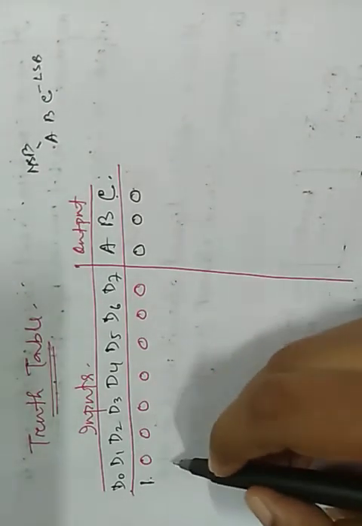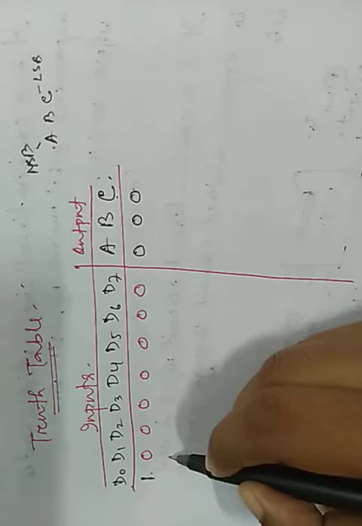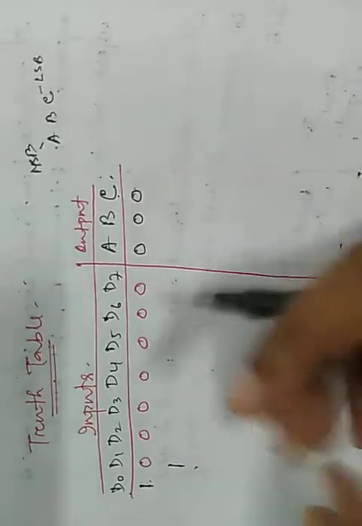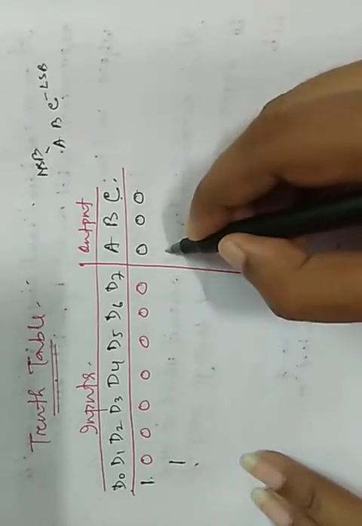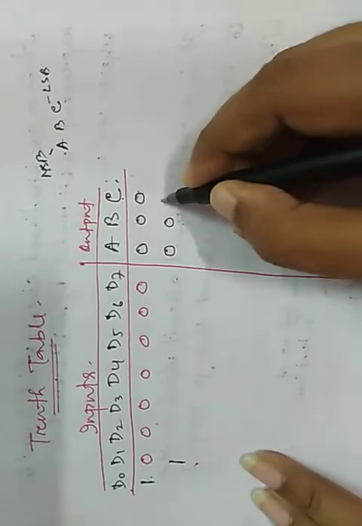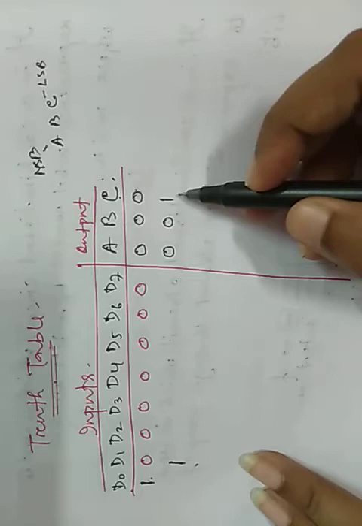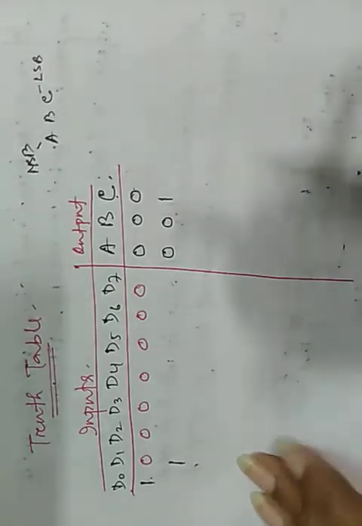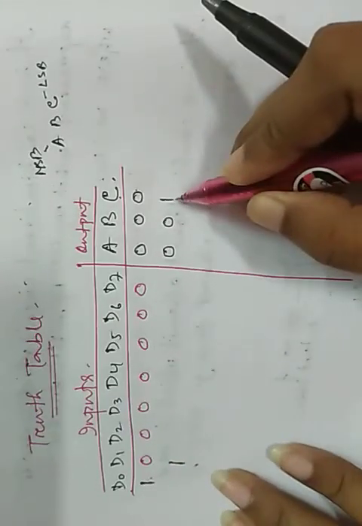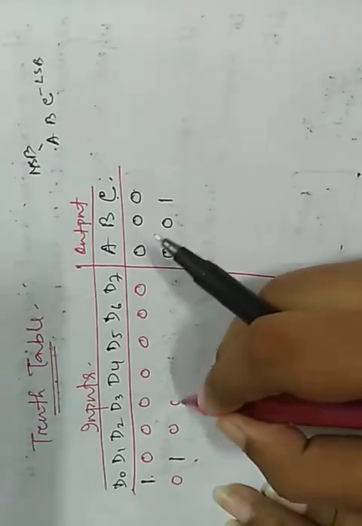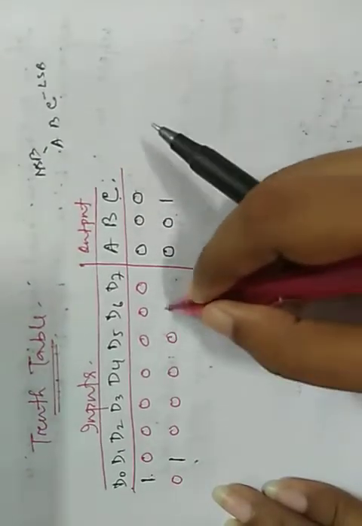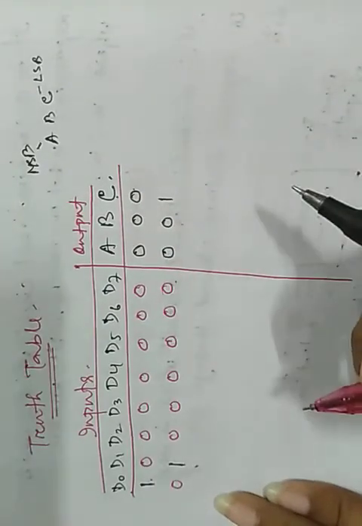Whenever D1 is selected, then the value of ABC will be 0, 0, 1 from our truth table, and all other input values must be 0.